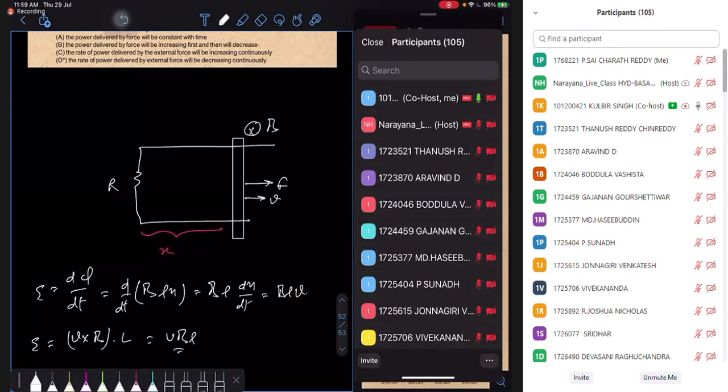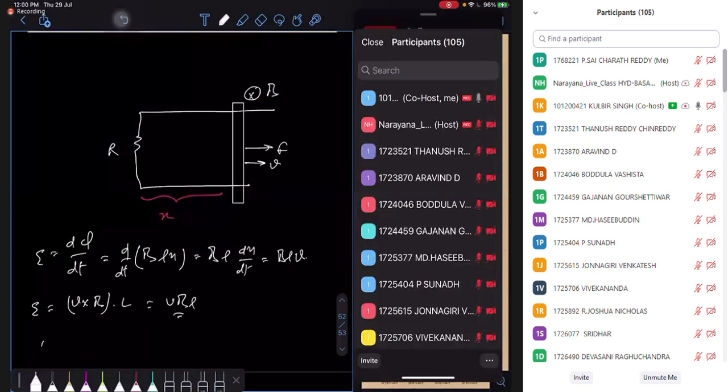So we get the same answer from the motional EMF. So why is my motional EMF matching with d phi by dt? The reason is that it's a constant magnetic field, so you don't have any E star. In this problem, there is no cause of E star. No induced electric field is there.